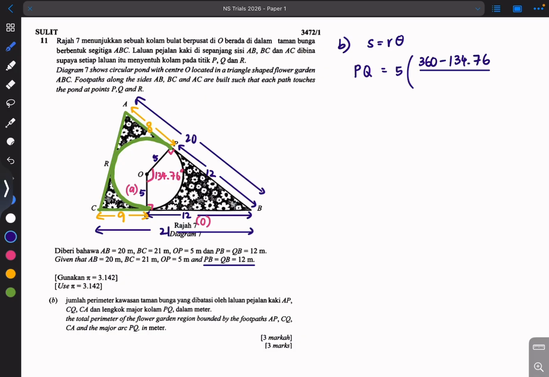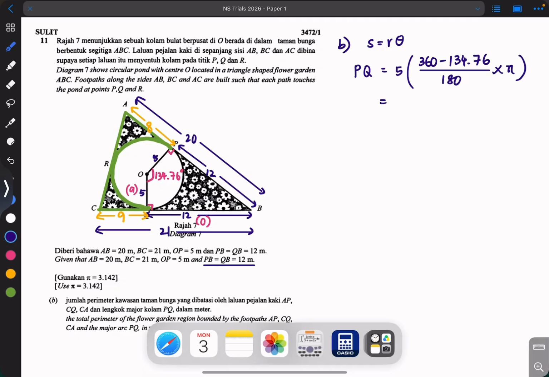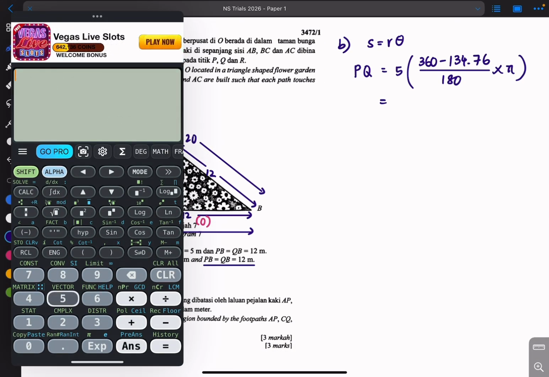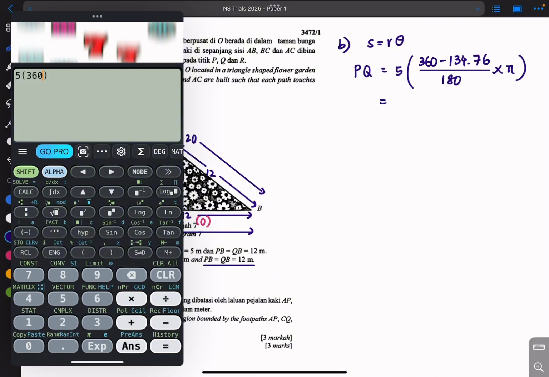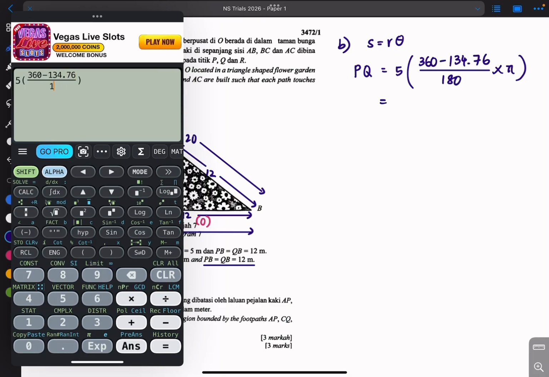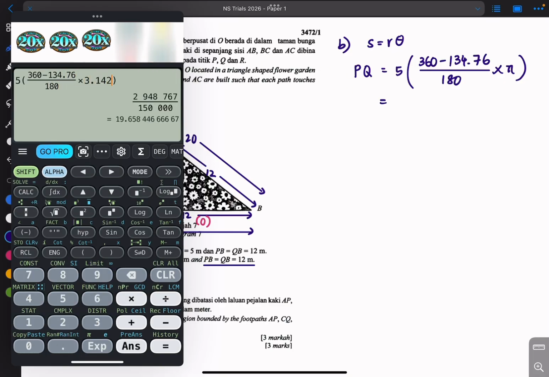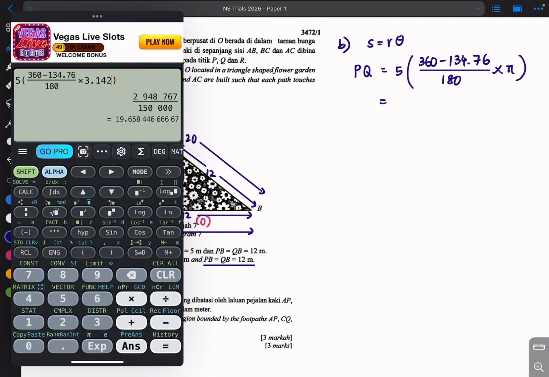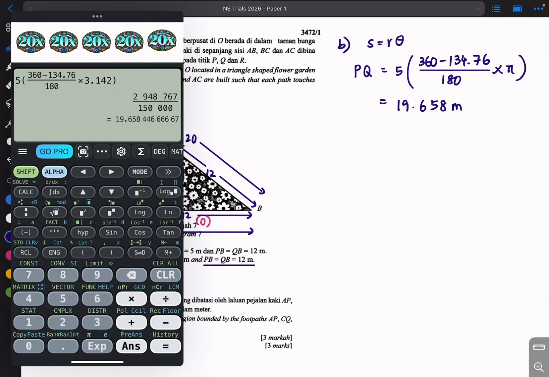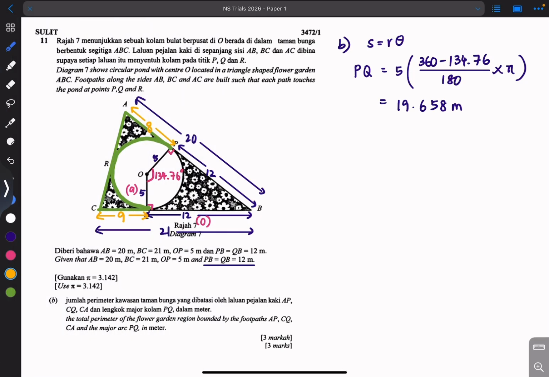But we have to convert this to radians, so divide by 180 times pi. 5 times 360 minus 134.76, over 180 times 3.142. So we get 19.658 meters. So this one we already found, 19.658. This is this length.